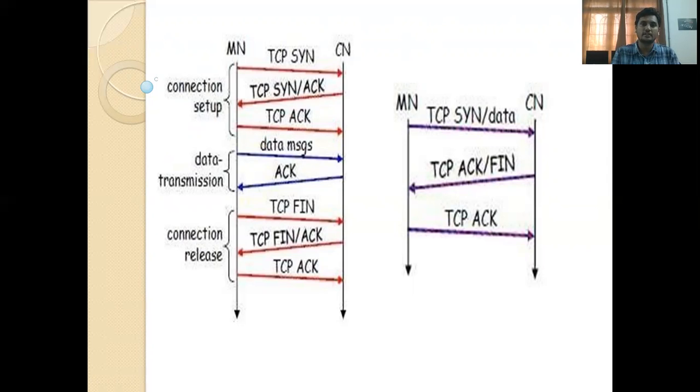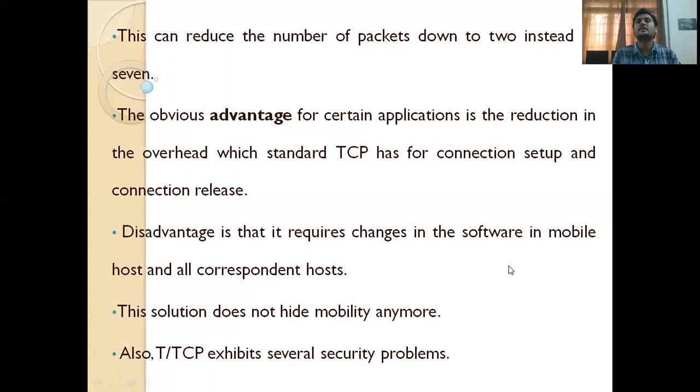After establishing the connection, it sends data and then receives an acknowledgement. If the task is completed, it sends a release request. The connection release is simply the three-way handshake technique. With TTCP, the request carries the data, the acknowledgement is sent, and after that it releases. So this can reduce the number of packets down to 2 instead of 7.